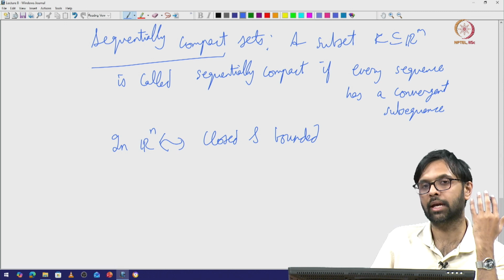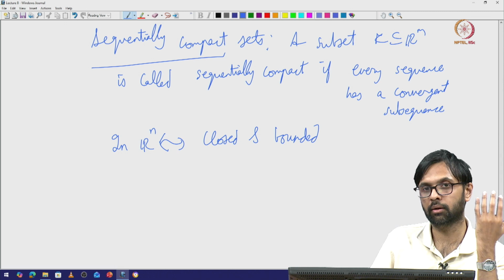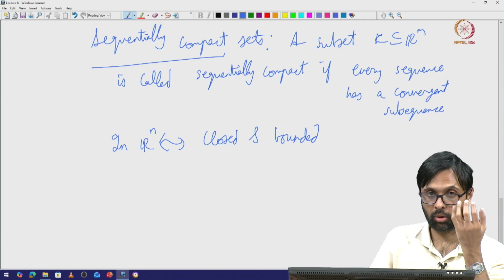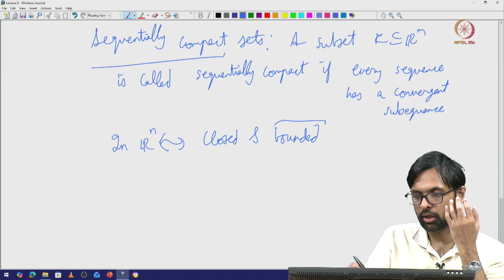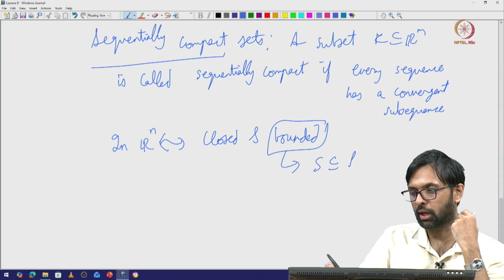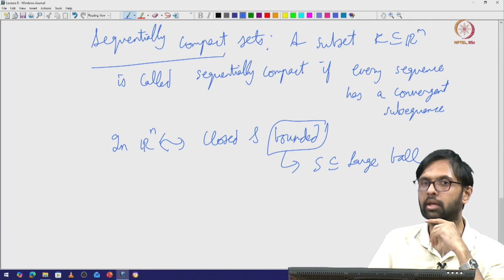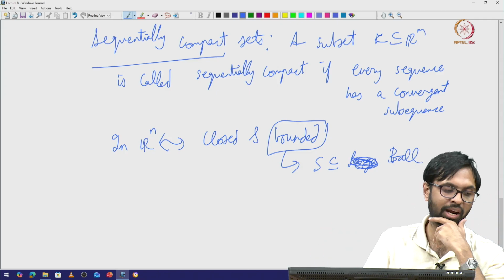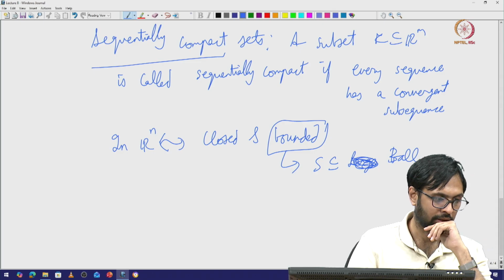That means if you take a subset S of Rn, it's sequentially compact if and only if it's firstly closed, secondly it's bounded. Bounded simply means that the subset is contained in some large ball. There is some ball containing it. The word large is not precise. It's contained in some ball of finite radius. Okay.